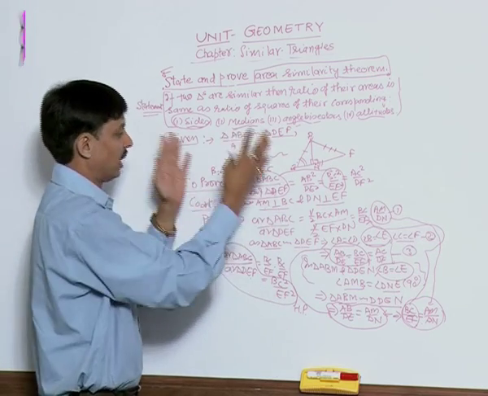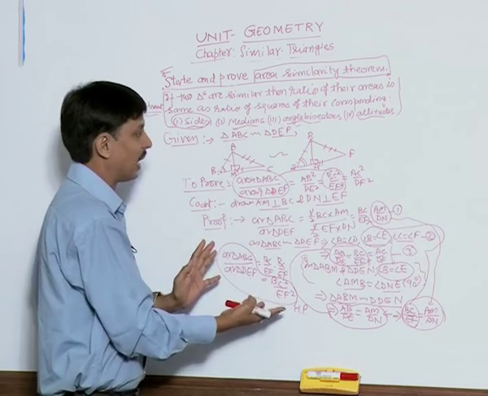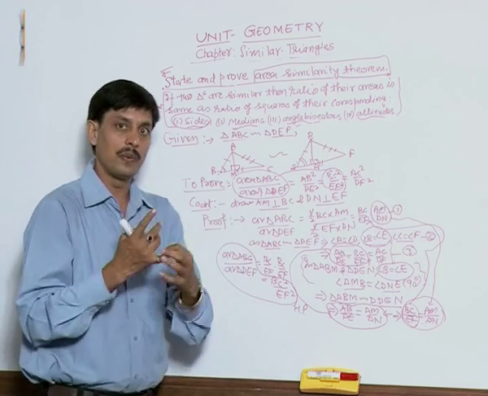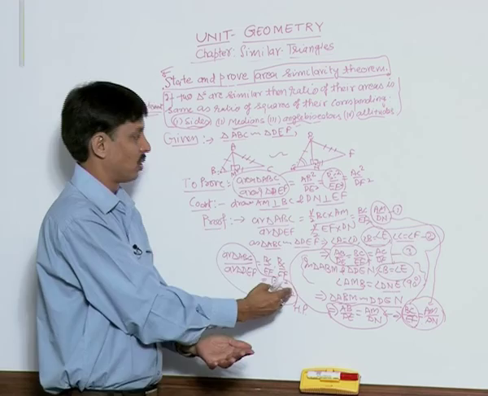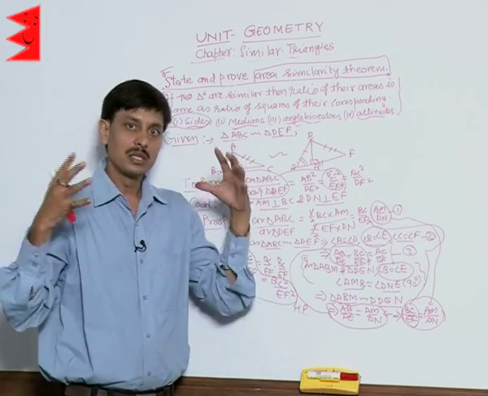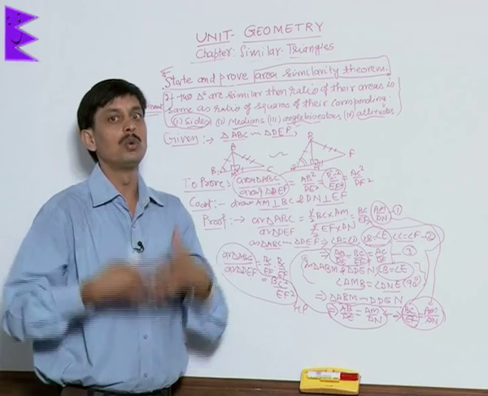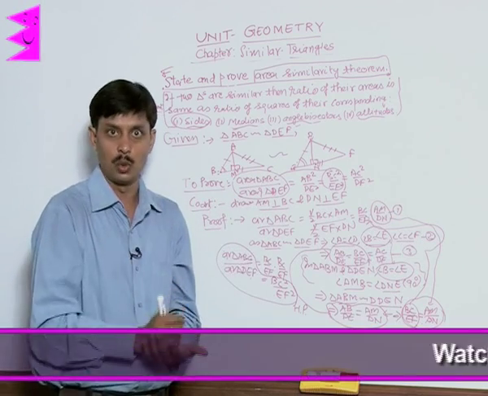So you can use two results: A, which I have proved here, and B, by knowing that the ratio of areas of two similar triangles is the same as the ratio of squares of sides, and that sides, angle bisectors, medians and altitudes of similar triangles always have the same ratio.